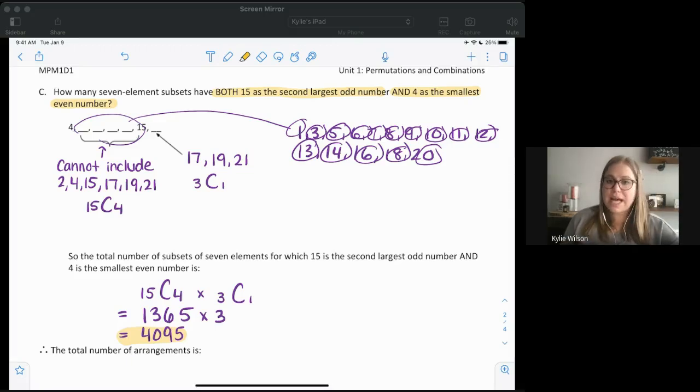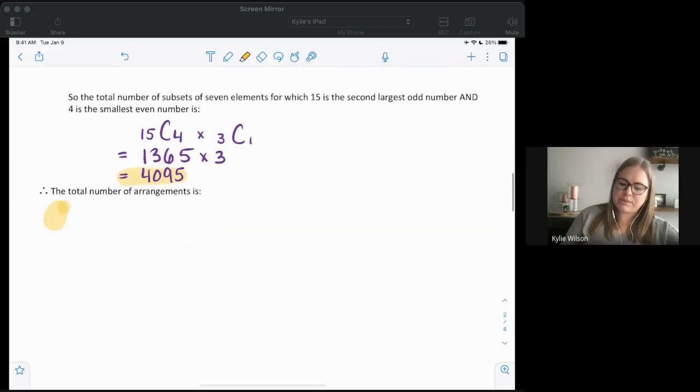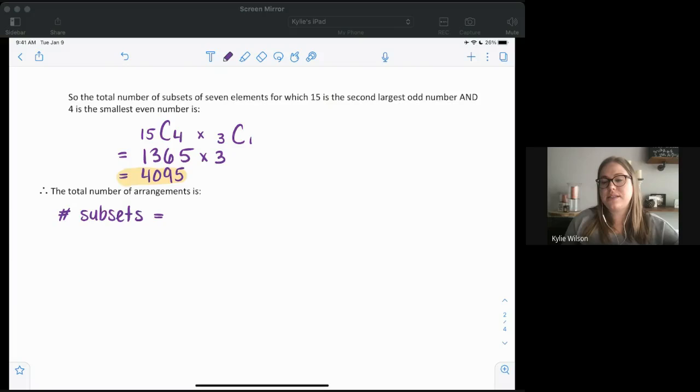So that's for our double counting. These were the ones that we accidentally counted in both case A and case B. So to find our total number of ways, so our number of subsets, we want to include all of the ones where 15 is our second largest odd number.